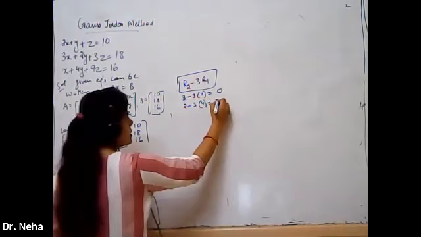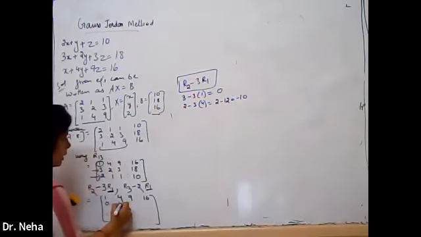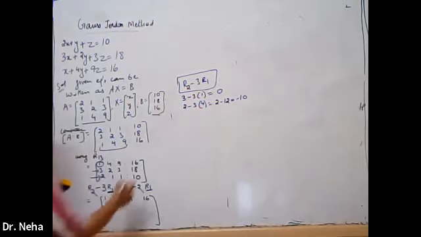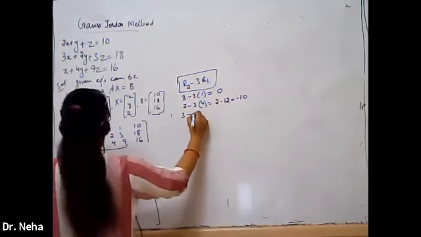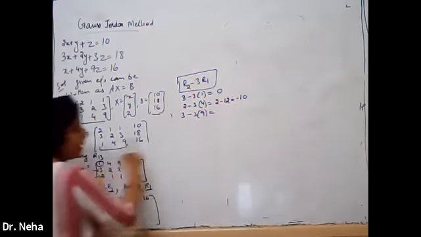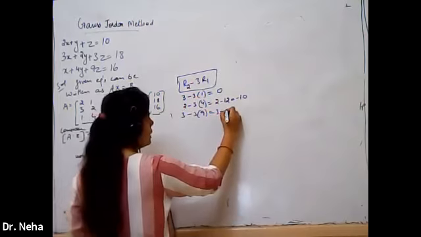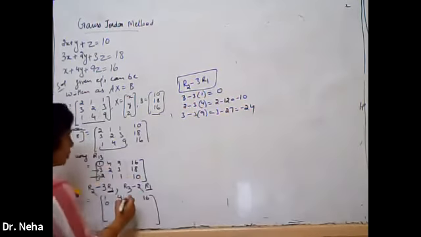That means 2 minus 12, which is equal to minus 10. And the third element of both the rows is 3 minus 3 multiplied by 9. That means 3 minus 27, which is equal to minus 24.